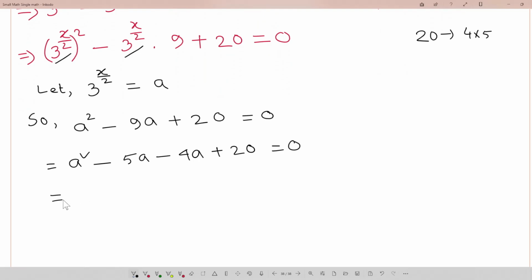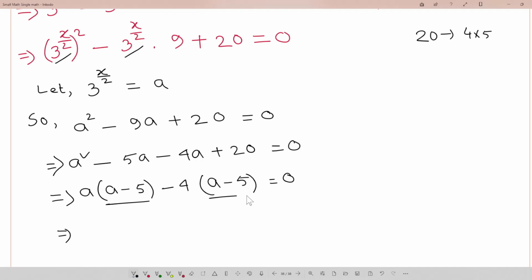Then we can take a common: a times a minus 5, and minus 4 times a minus 5 equals 0. Then we take a minus 5 common: a minus 5 times a minus 4 equals 0.